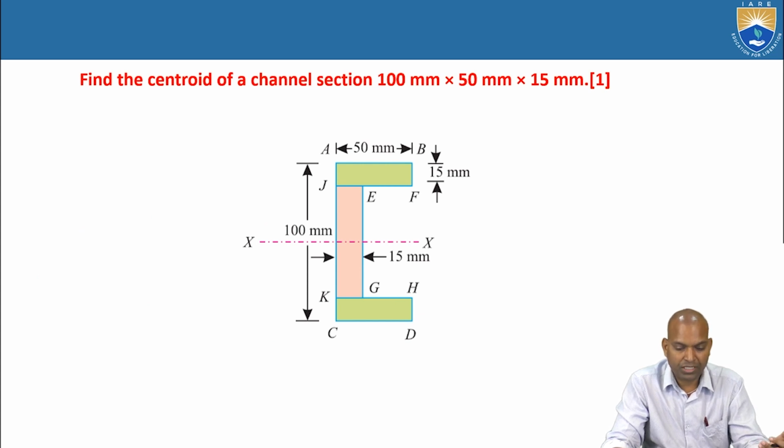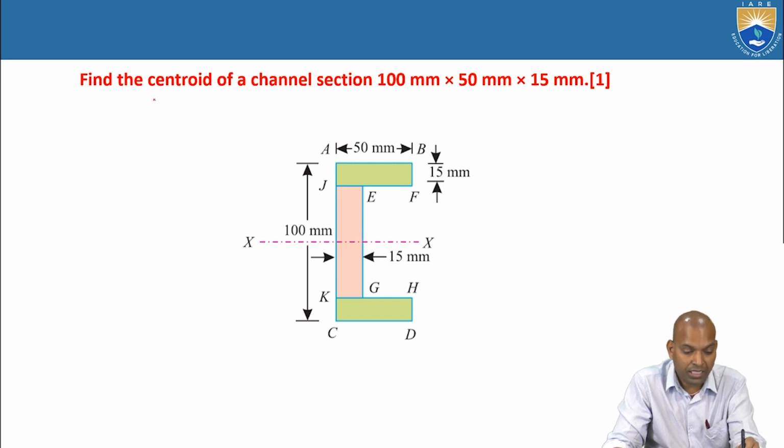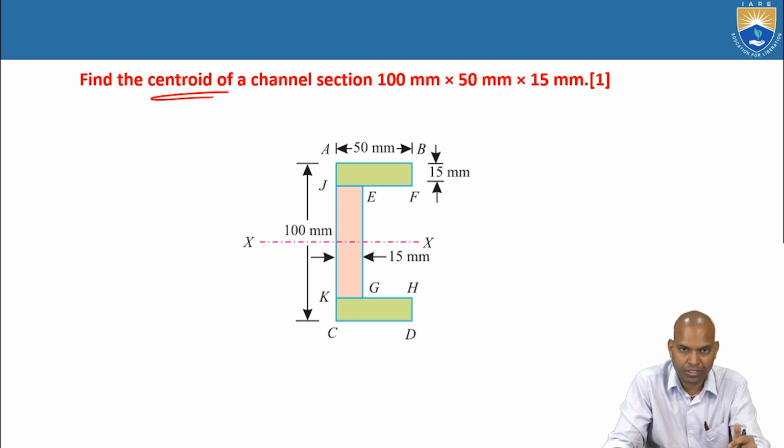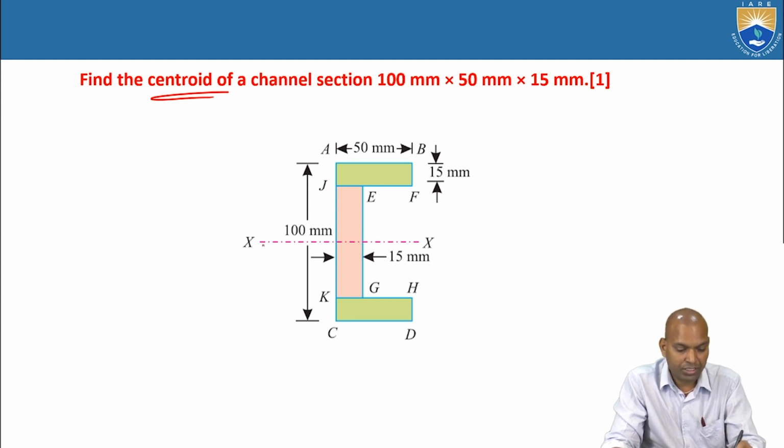Now here, as we mentioned, the channel section is symmetrical about the horizontal axis. They did not mention anything, just find the centroid, that's it. You have to understand by looking at the section which one is 0. If it is symmetrical about the horizontal axis, that means bar y equal to 0. What is to be calculated? Bar x.